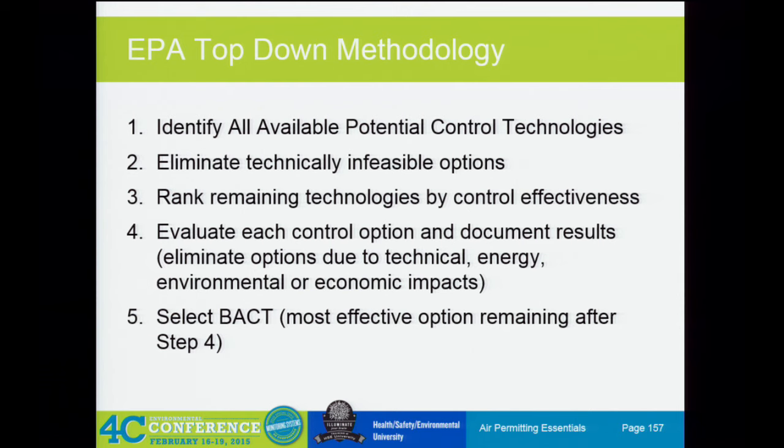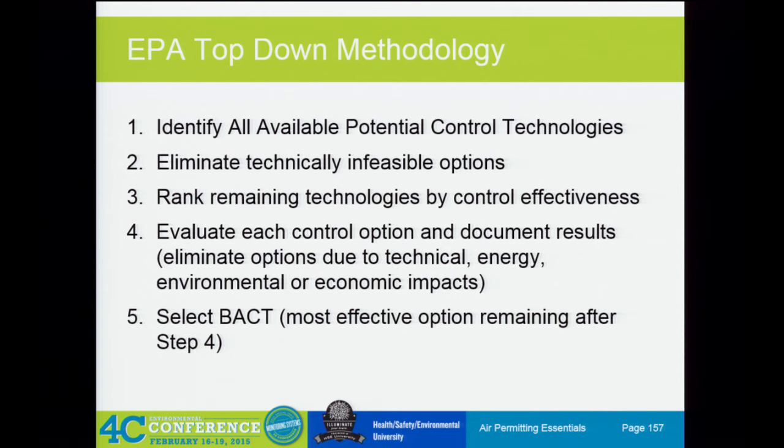And then the next step is to eliminate any technically infeasible options. Well, in this case, if your VOCs aren't soluble in water, a scrubber is technically infeasible because you're not going to be reducing emissions. Likewise, let's say you're looking at NOx from a boiler.